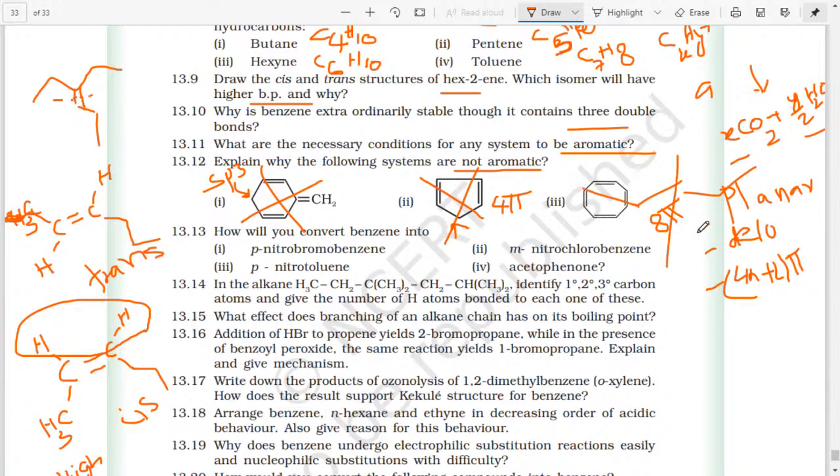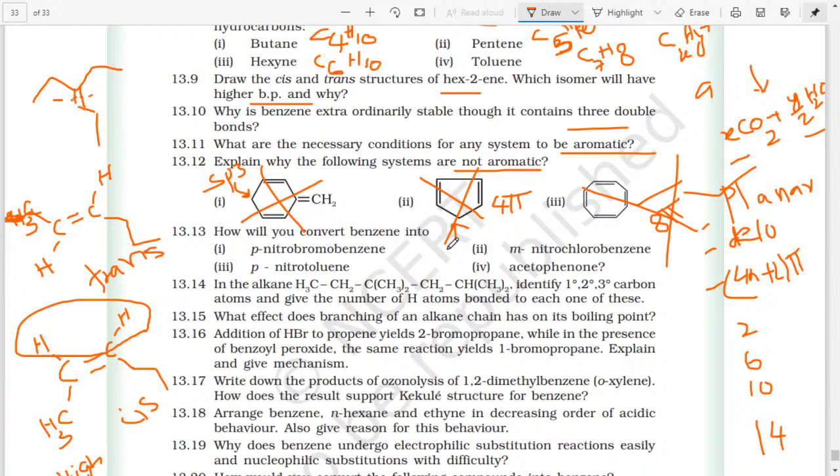It is non-aromatic, because the compound must have 2 pi electrons or 6 pi electrons or 10 pi electrons, because the 4n plus 2 pi electron rule says 2, 6, 10 and 14, 18, like that compounds only are aromatic. So the third criterion is not matched here, so it is not aromatic.